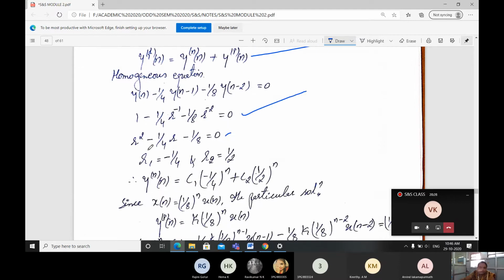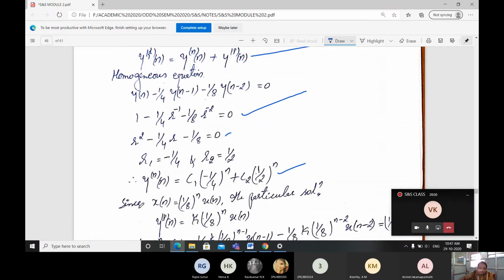After solving, you will be getting r1 is equal to minus 1 by 4 and r2 is equal to 1 by 2. The natural response y n of n is going to be c1 (minus 1 by 4) power n plus c2 (1 by 2) power n.